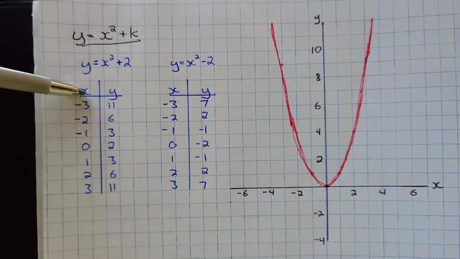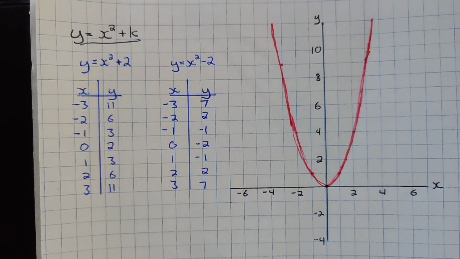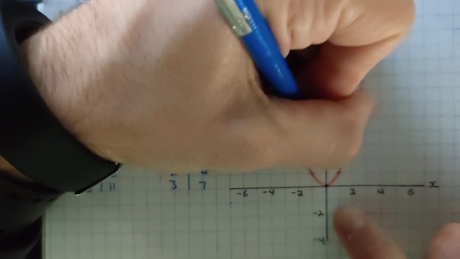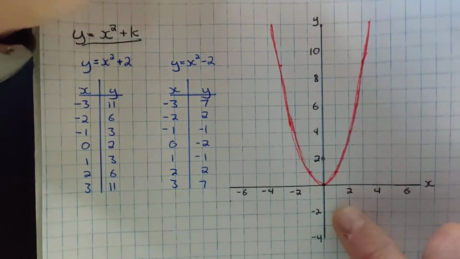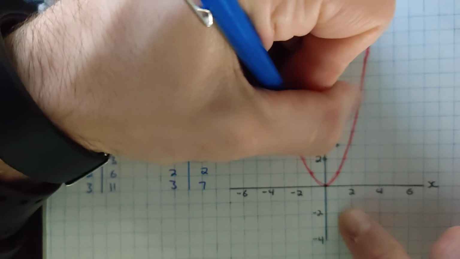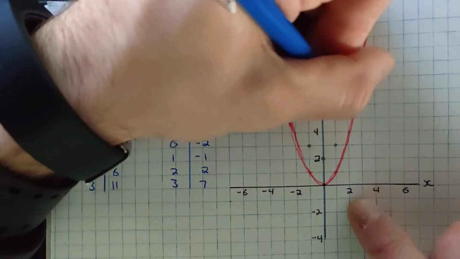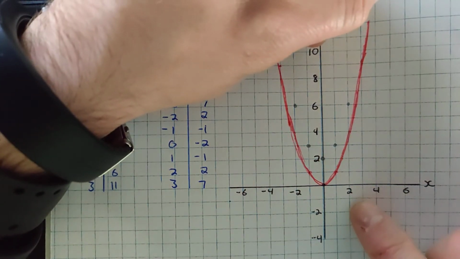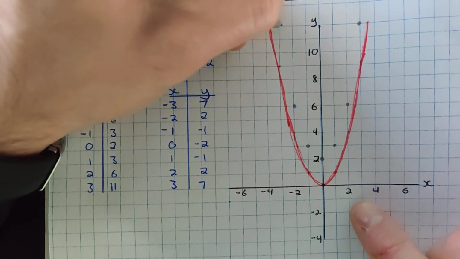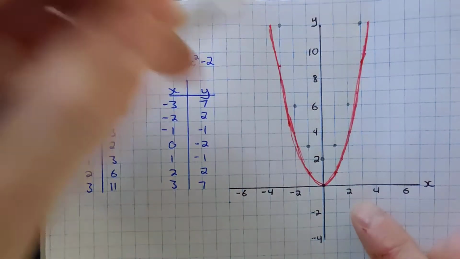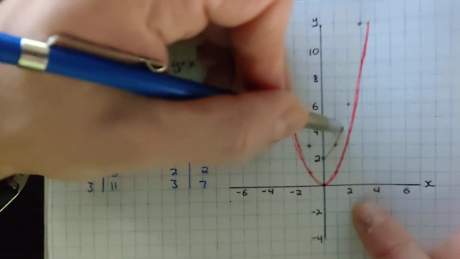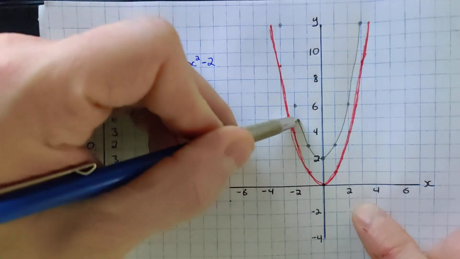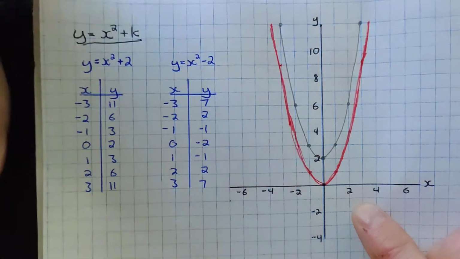So if I was to graph this set in comparison to the y equals x squared, which I have graphed here, then I have 0 and 2. I have 1 and 3. I have 2 and 6. And I have 3 and 11, +3 and -3. So here I have now taken the graph and shifted every point up by 2.